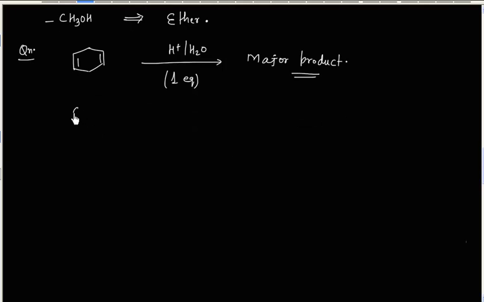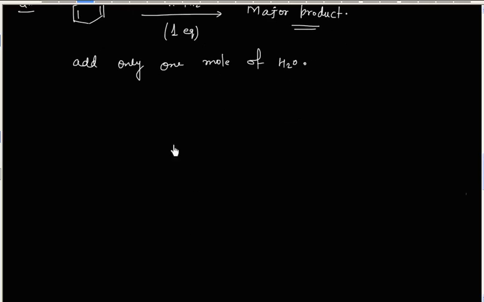So in the first step we will generate carbocation. So hydrogen will be added here, and this carbon will have positive charge.